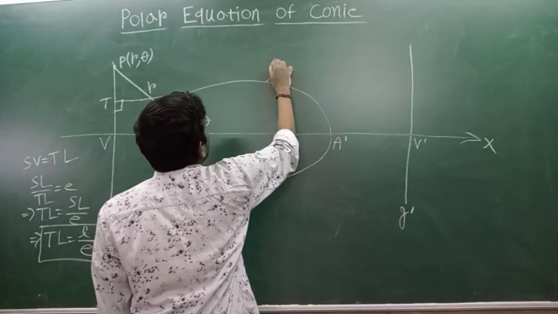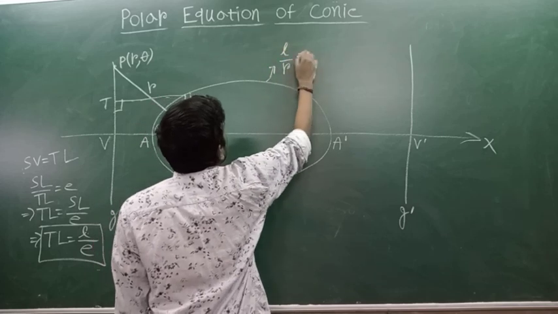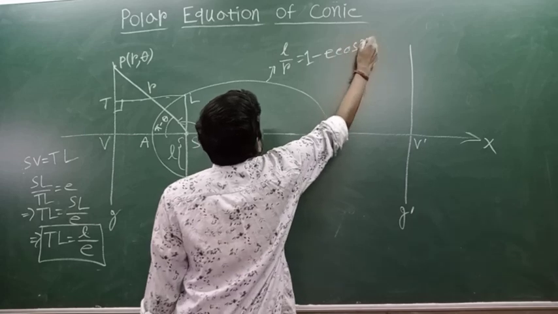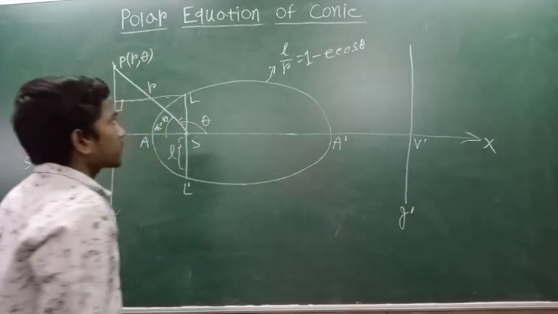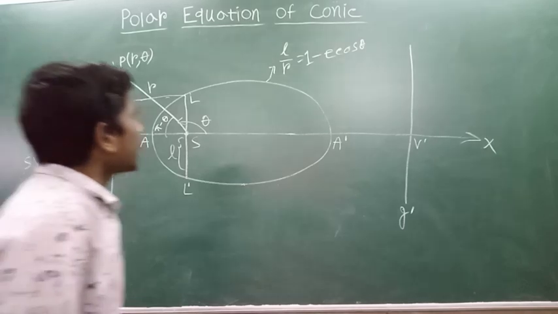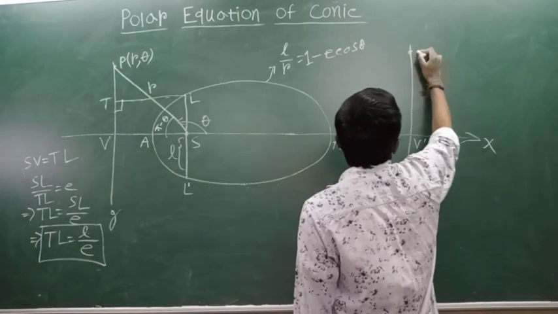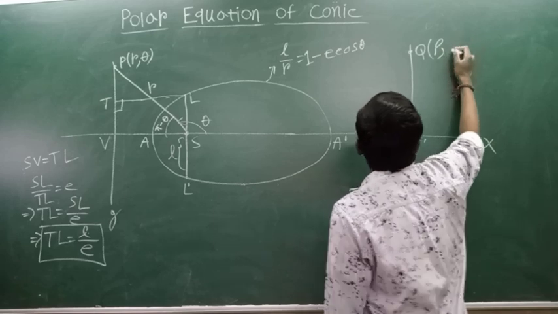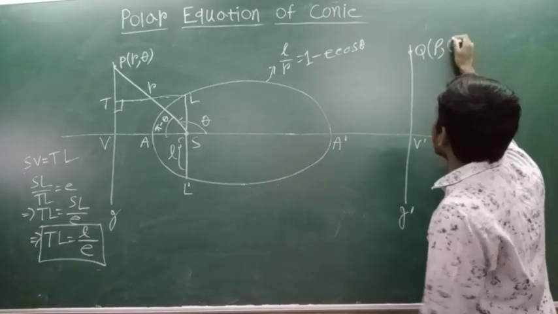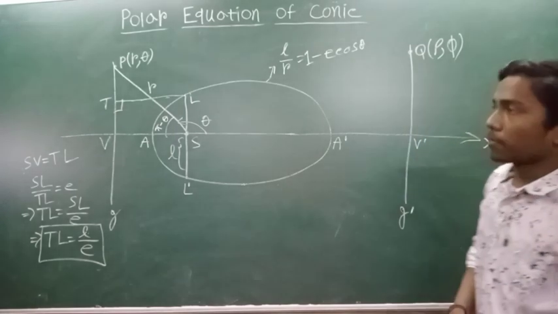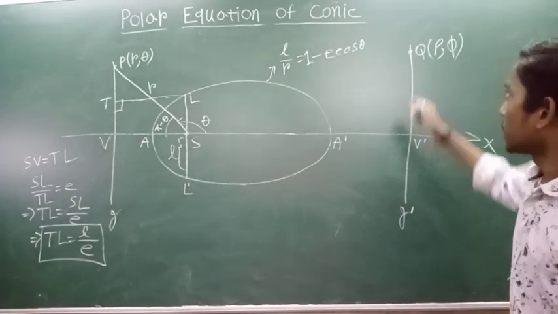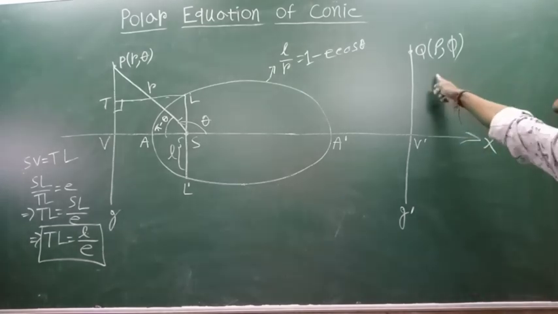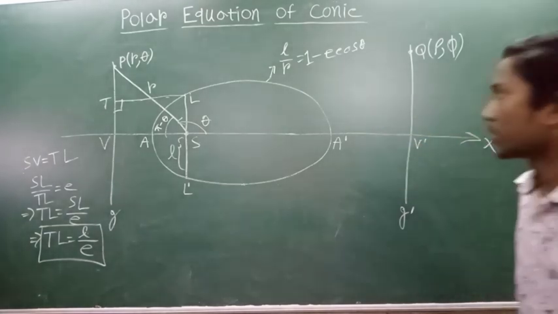The equation of the conic is given as l by r is equal to 1 minus e cos theta. Now we take an arbitrary point, say Q, (rho, phi). Rho comma phi is an arbitrary point on this directrix. So this point moves along this directrix, and if we can find the locus of point Q, we will be able to derive its equation.